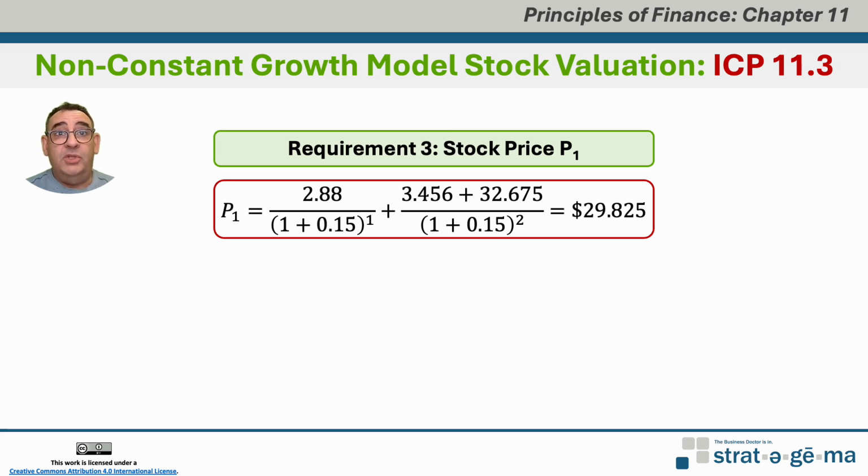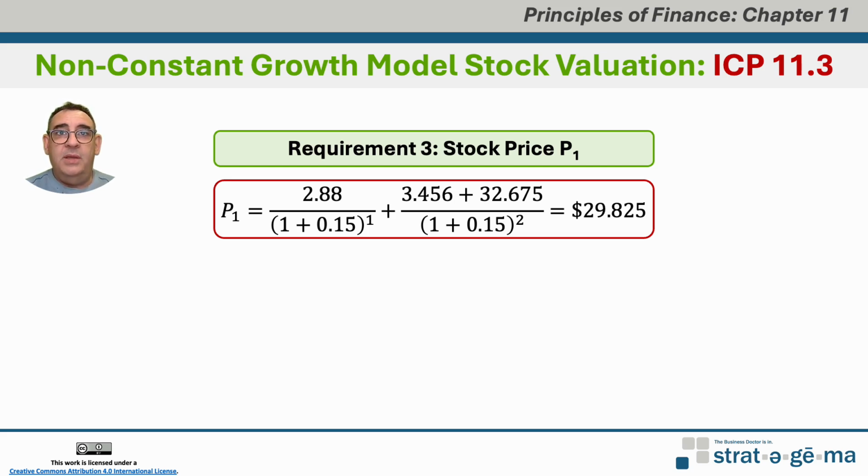So P1 is simply 2.88 divided by 1.15 plus that horizon term, 3.456 plus 32.675 divided by 1.15 squared. If we think of our timeline, what we've done now is shifted 1 year down.